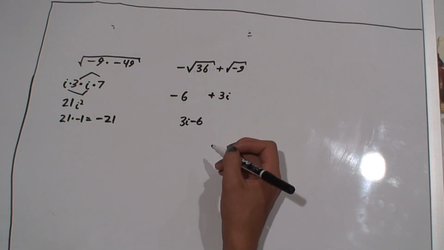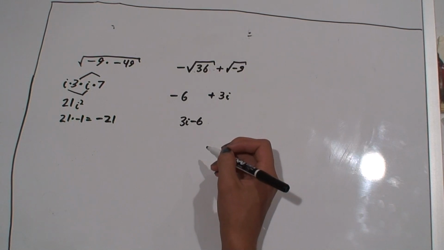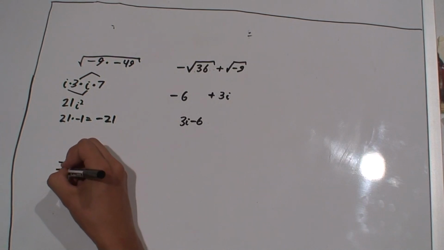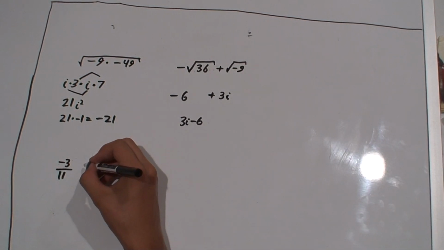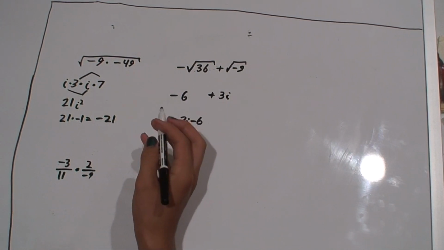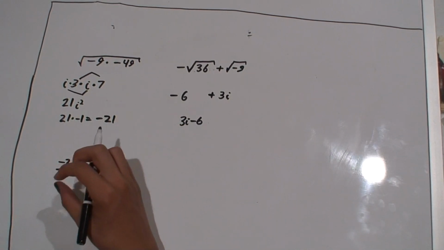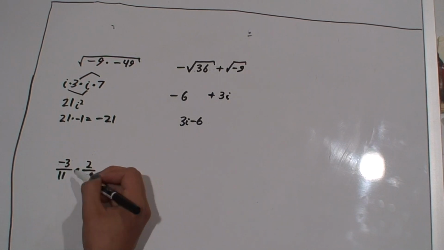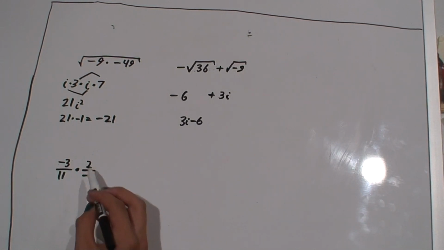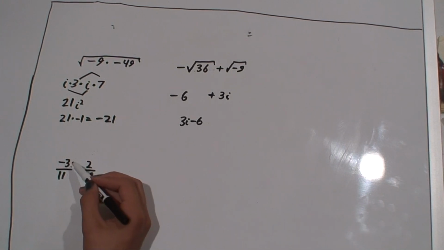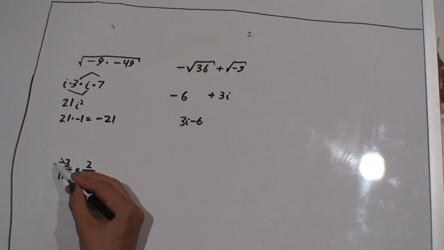Okay. So on to a problem with fractions. We have -3/11 times 2/-9. Now, a fun thing you can do with fractions is if you are multiplying and you find them across from each other, you can say that these two are both divisible by 3. -3, in fact.